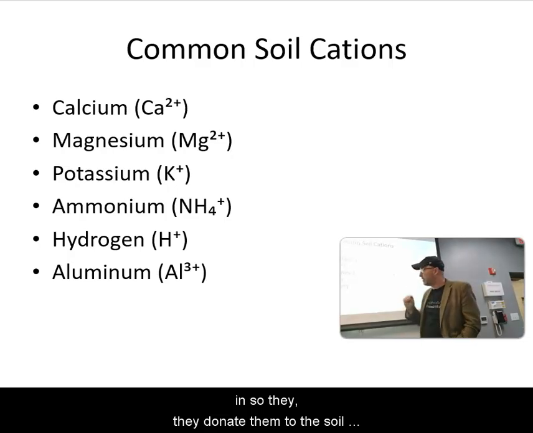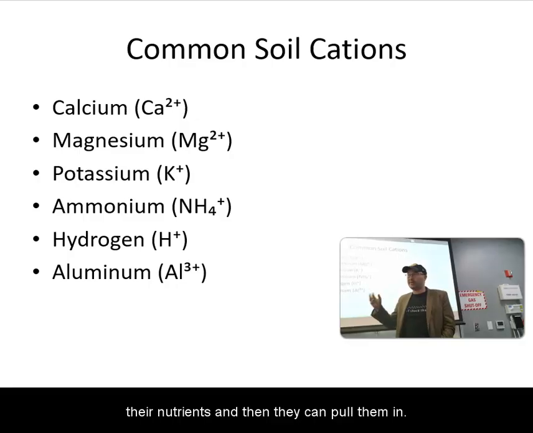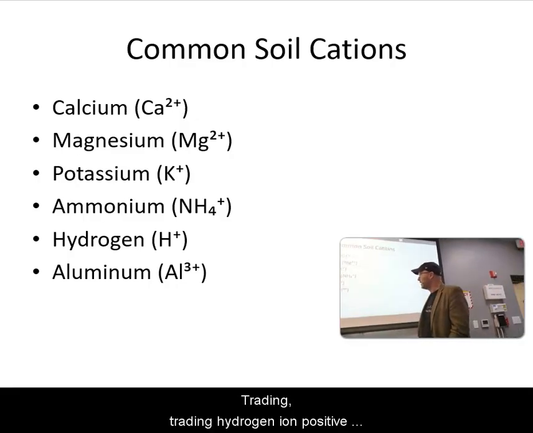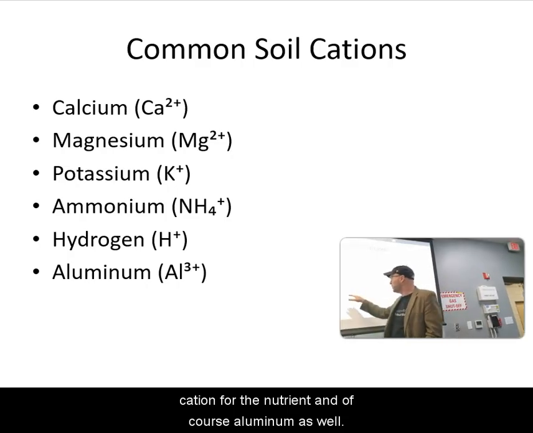So they donate them to the soil so that the soil will give up its nutrients and then they can pull them in. So it's kind of a trade: a hydrogen ion, a positive cation, for the nutrient. And of course, aluminum as well.